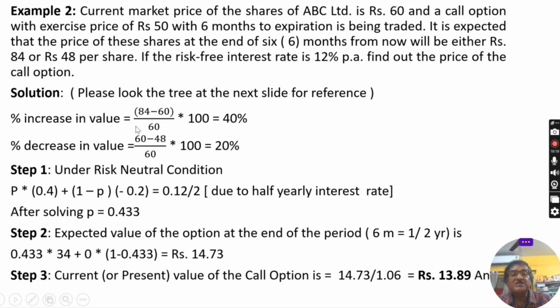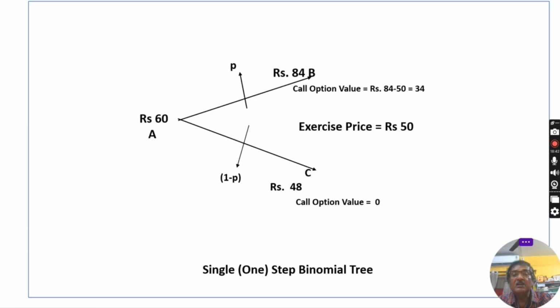Before that, what is the percentage increase in share price? Initial price is 60, final price is given as 84 for the case of increase, divided by 60, this is 40%. And the percentage of decrease, the final value is 48, that's why this is the percentage of decrease. Now check from the tree.